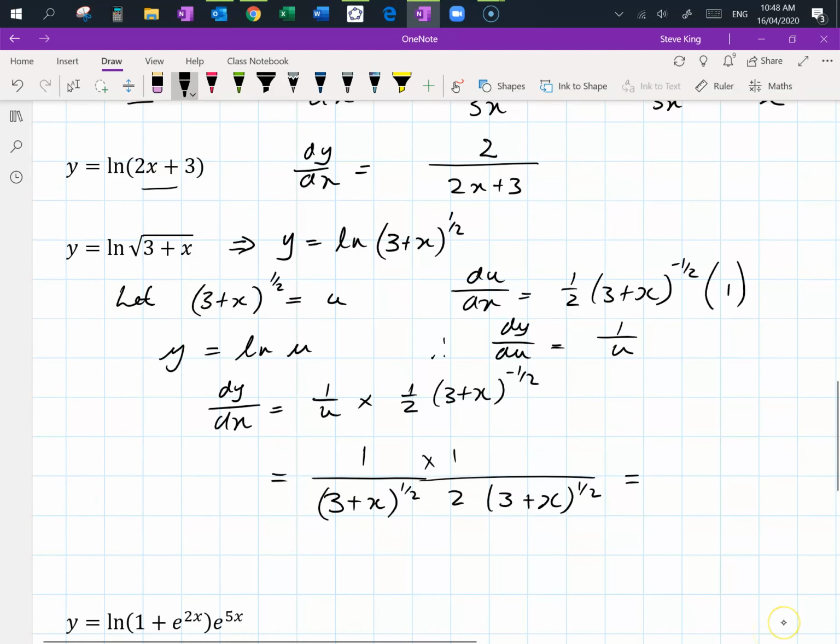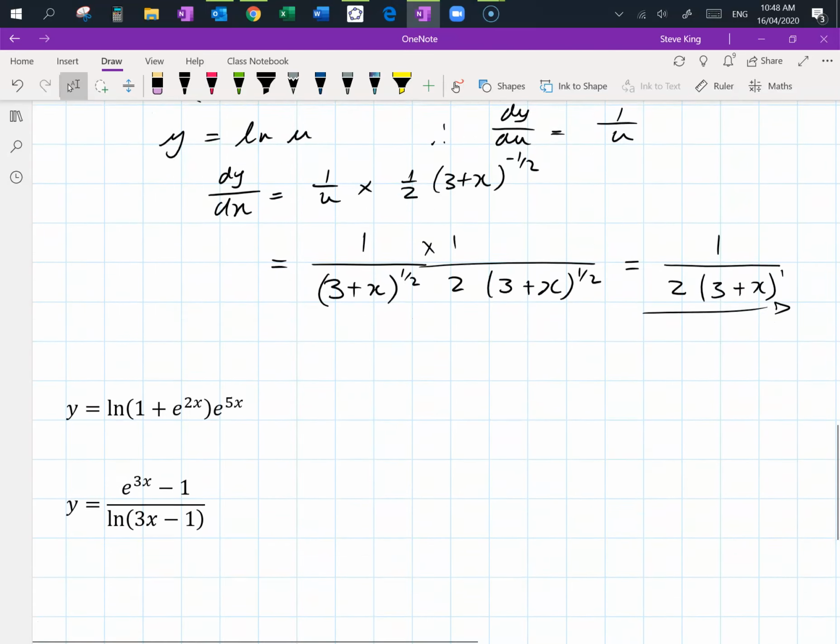Well, on the top line it leaves me with 1. On the bottom line it leaves me with 2 times 3 plus x to the power of a half times 3 plus x to the power of a half, same base, so add the indices, and I'm going to be left with 3 plus x to the power 1. There's my derivative of that.